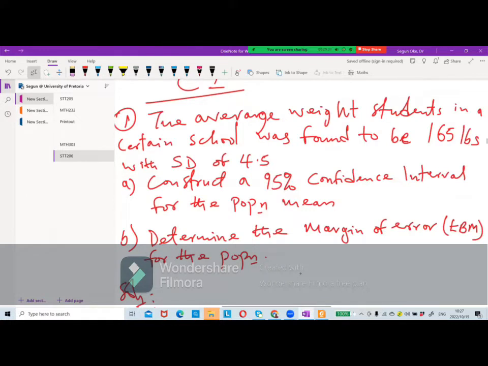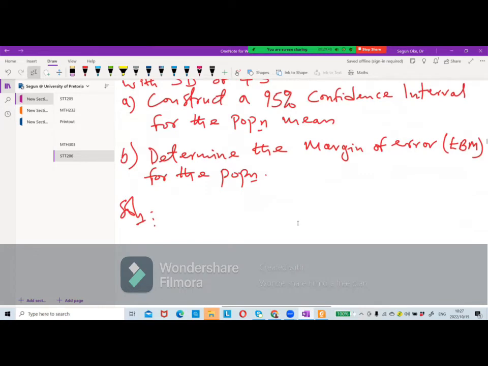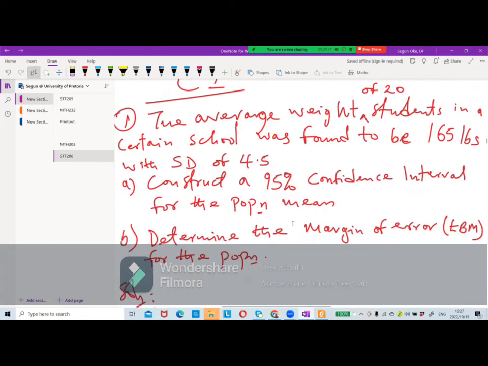The average weight of 20 students, sorry, let's put 20 there, in a certain school. Is that okay? So now let's look at this. We can solve this problem now. The first thing you need to check is, let's analyze what we were given.